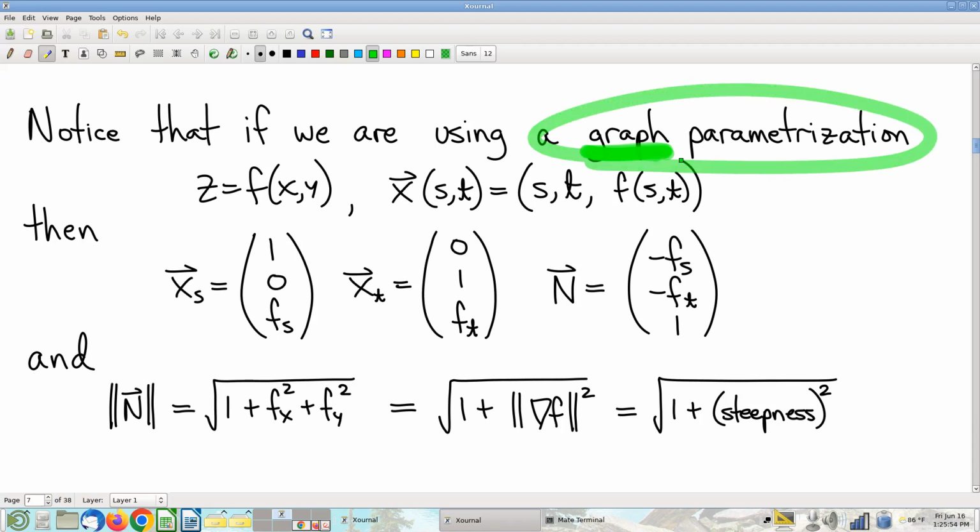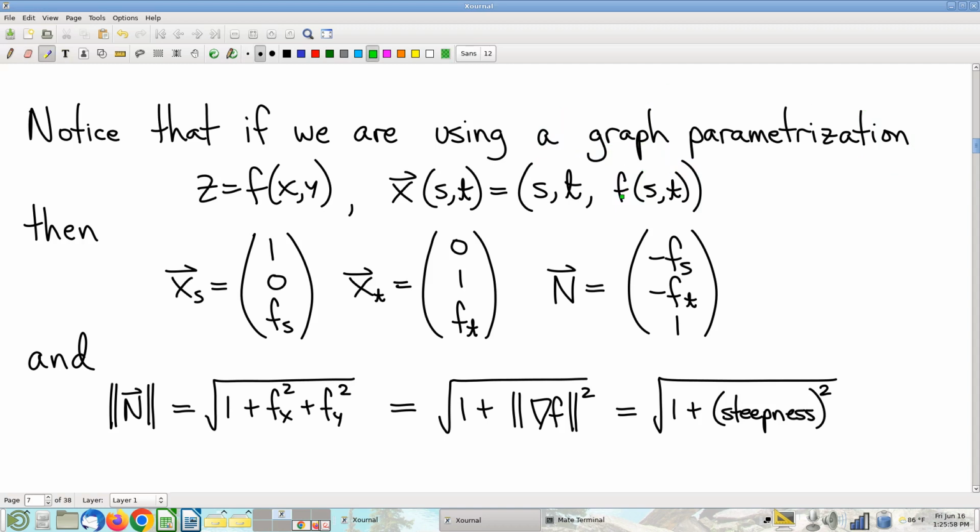And here's one of the great things about a graph parameterization. That is that the structure of this calculation works out the same way in pretty much all of the possible cases. So, for example, if you have a graph, and if you write down the graph parameterization, there it is. That's what it is.